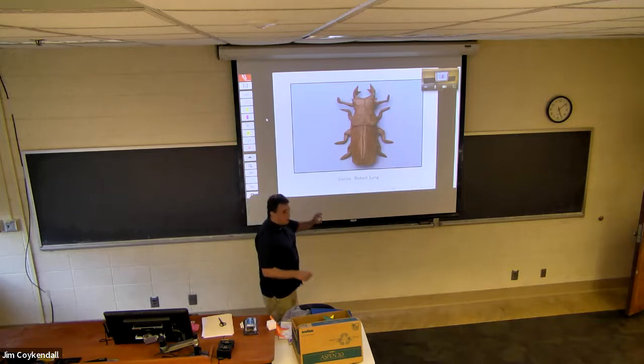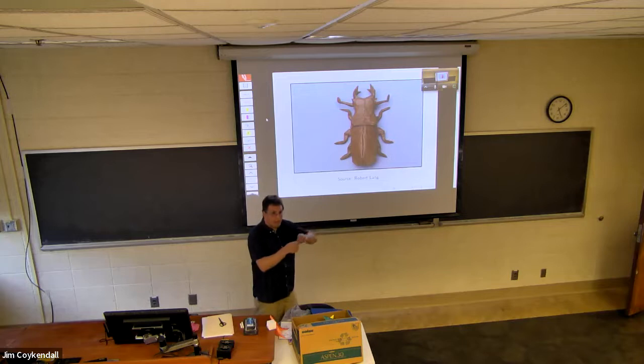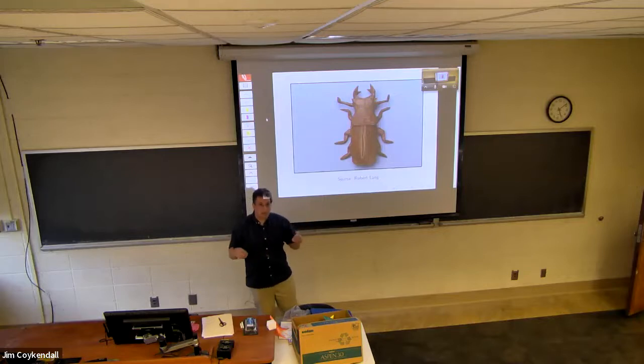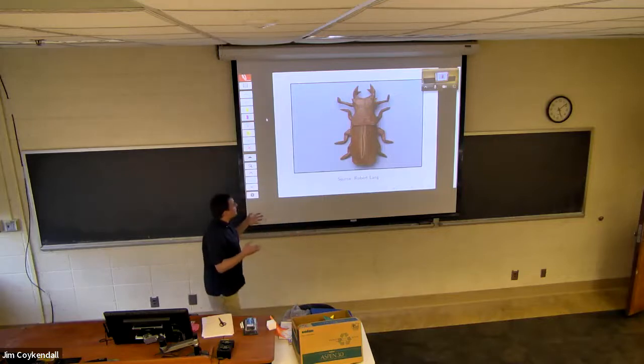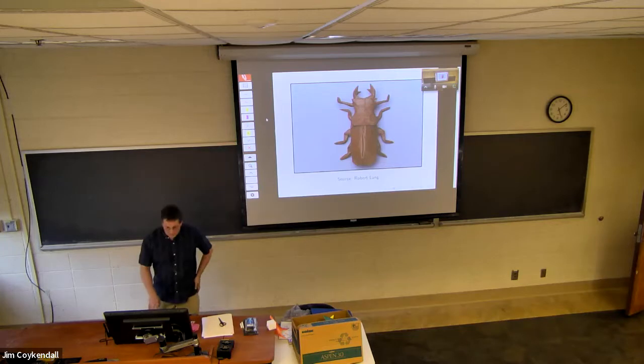The body is the center node of this tree, and then there's stuff that comes out of it. All the legs are different edges that come out of the center. The head might be connected to the center, and then from the head, you have things coming out, the wings. Each one of those things is basically an edge or a vertex in some tree representing the bug. So he came up with a way to turn that into a design for origami.